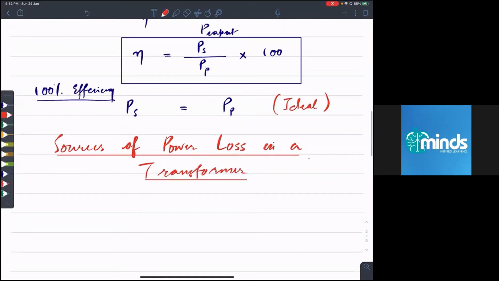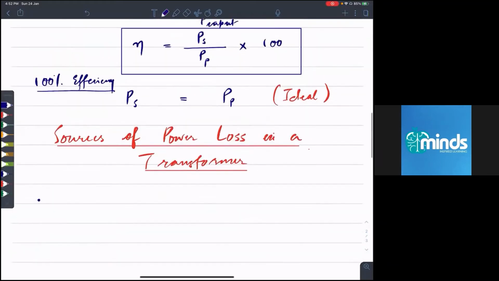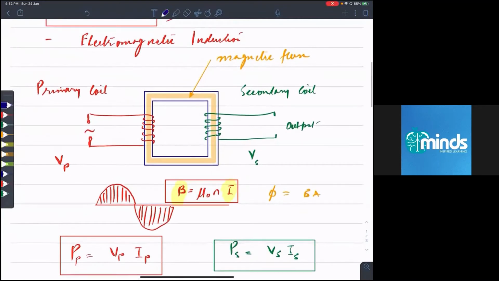And what are the sources of power loss in a transformer? Let's discuss one by one. Number one: if you look at the primary coil, you applied voltage to it, so current will pass through the primary coil. The primary coil must have some resistance, so some power is lost in the primary coil because of its resistance.